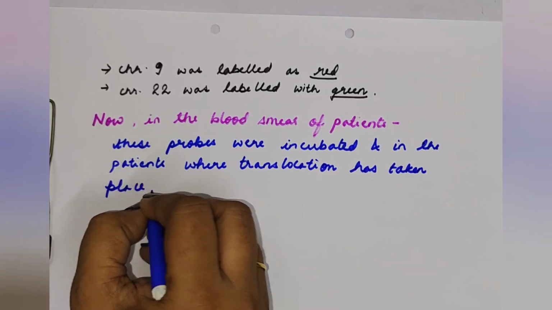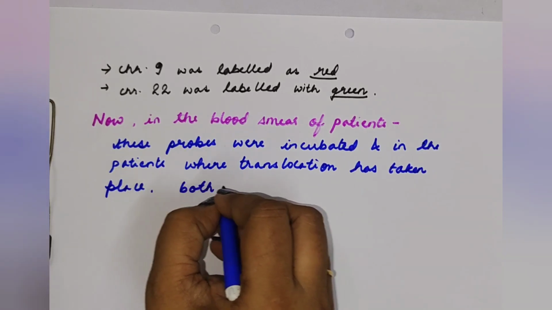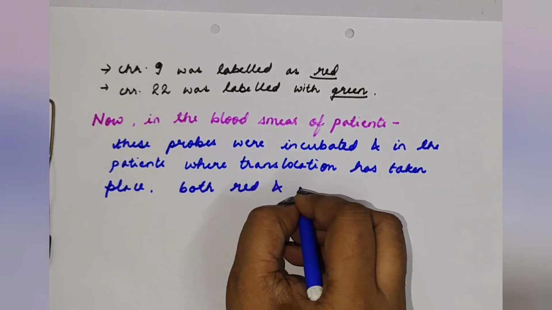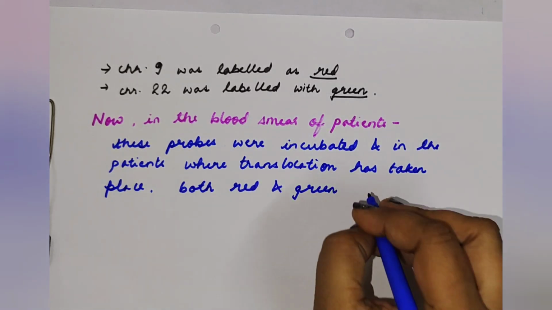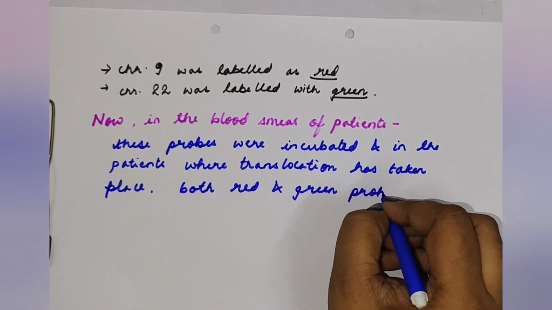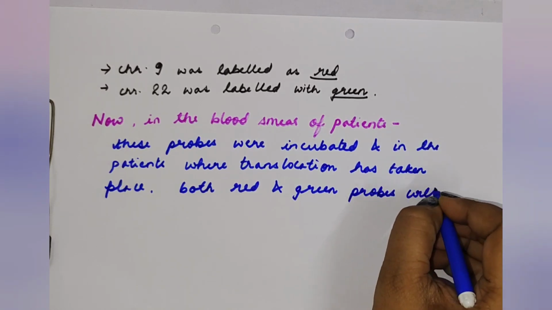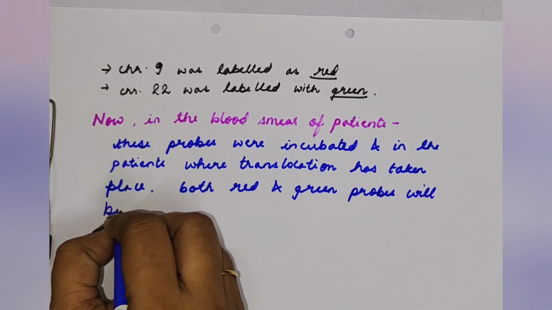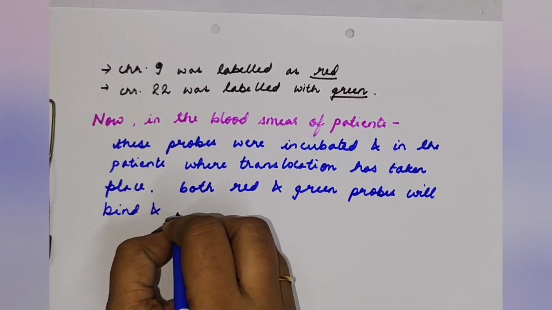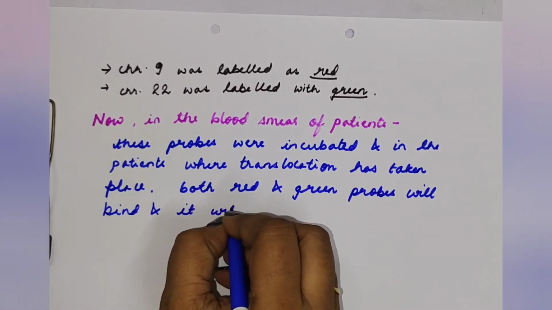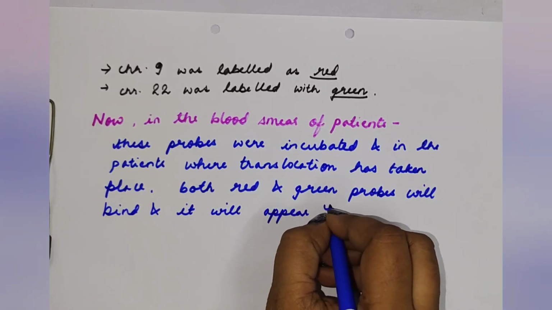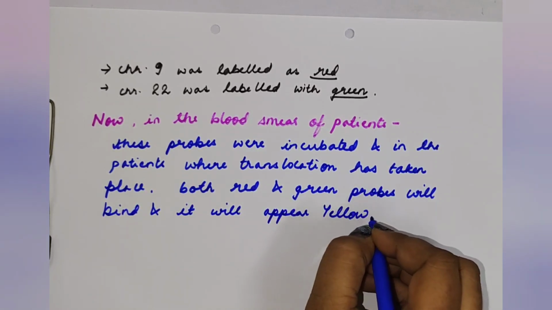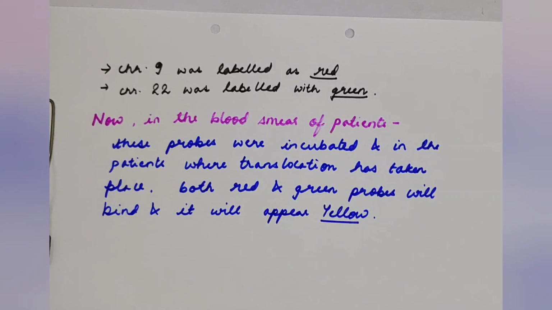But in the patients where translocation has taken place, both the red and green probes will bind at the same region, and they will give the yellow fluorescent signal. So, by counting the number of yellow signals in the cells, we can see the severity of the disease in the CML patients.